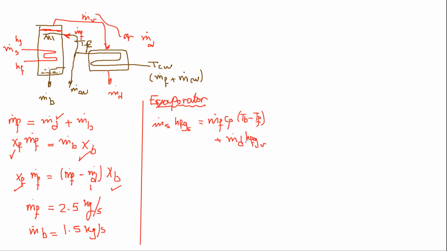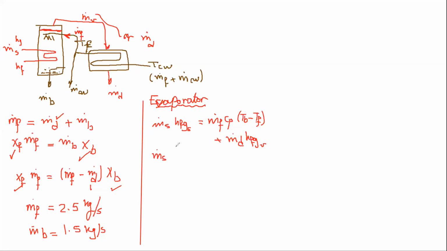So I'm writing exactly as a description of what's happening. We're adding energy in terms of condensing steam, and this energy is going to heat that film of water over the tube surface from TF to TB, and then when it reaches the saturation temperature, part of the water is going to evaporate.